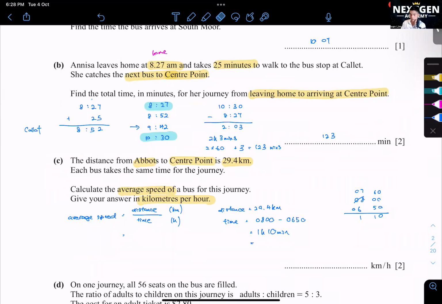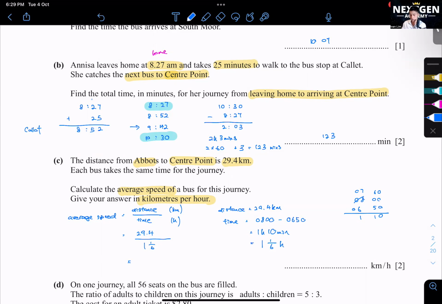So it will be 10 divided by 60, so it's 1 and 1 over 6 hours, because 10 minutes is 10 divided by 60. So 1 plus 1 over 6. So we can write it like this, 29.4 kilometers over 1 and 1 over 6.